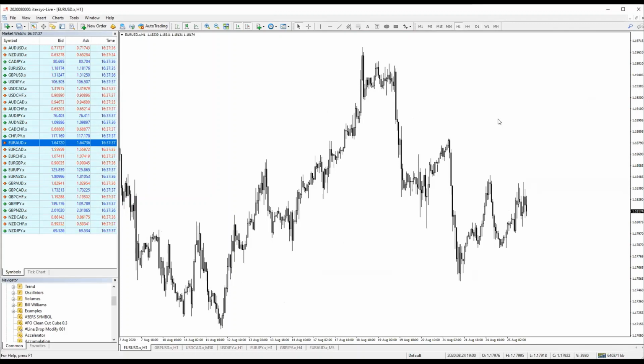Euro US dollar. Let's see what's going on with the Euro US dollar H1, which is my favorite time frame. By the way, we always get that question, so I'll answer it before it's asked. What time frame should we use for this? Any time frame.